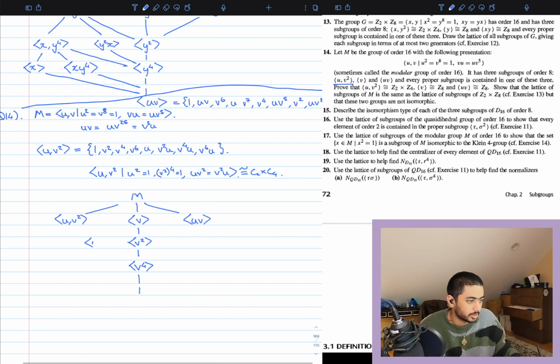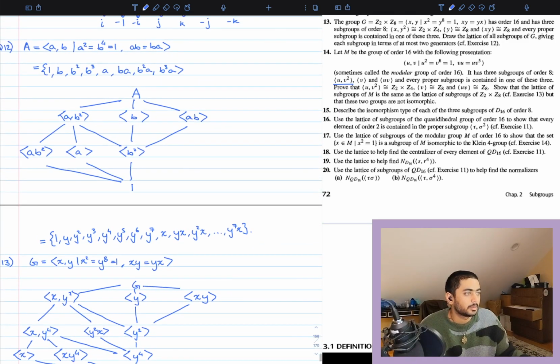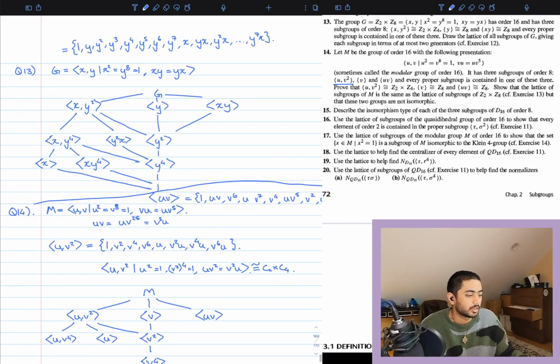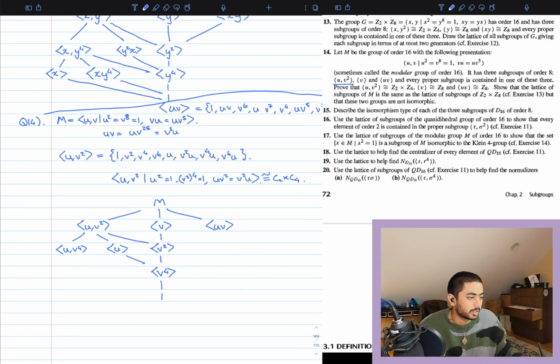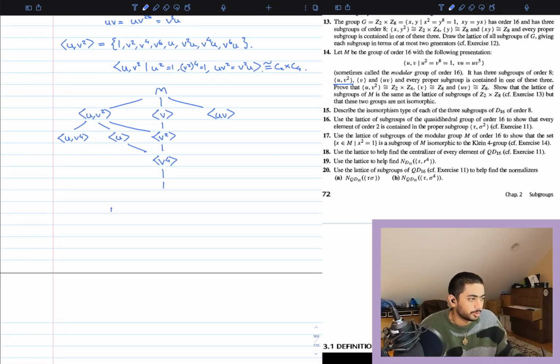So here's U, and here's U V to the 4. So something like this. Right, it had 3 things. This one was cyclic. This one was also cyclic. So like this. And we can verify that U squared really is the same thing as V to the 4. Although I'm actually really suspicious about that. Isn't U squared just 1?